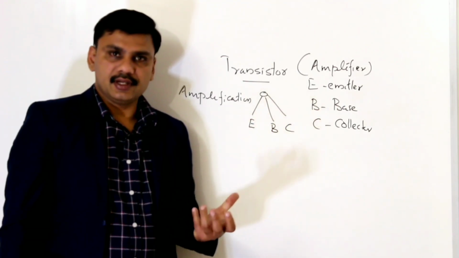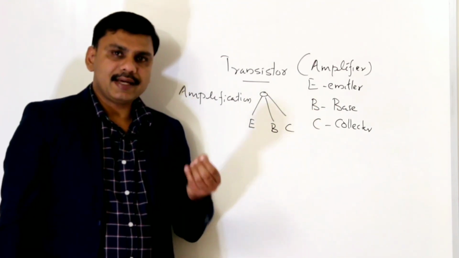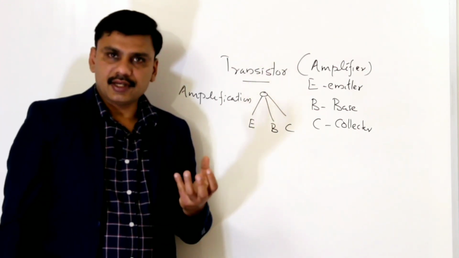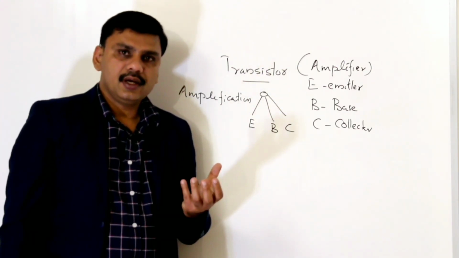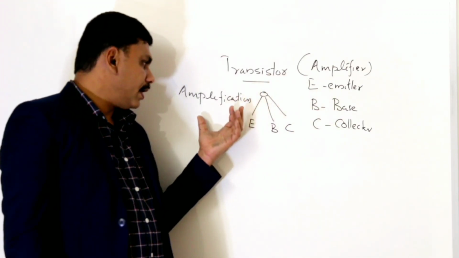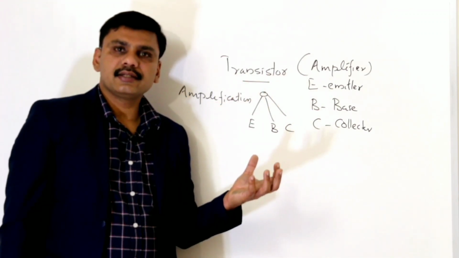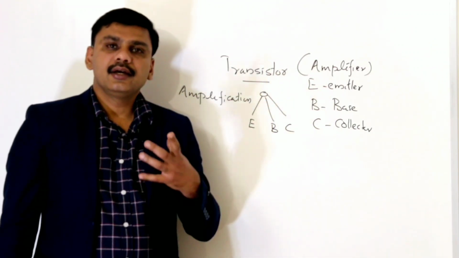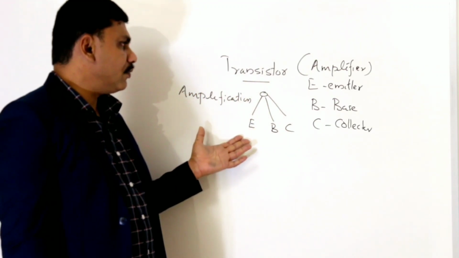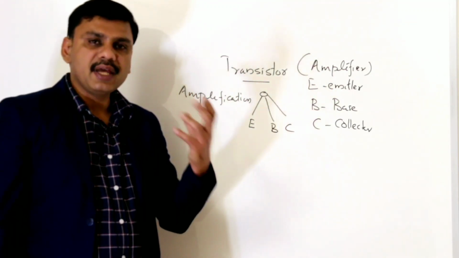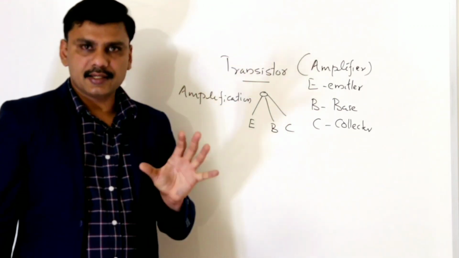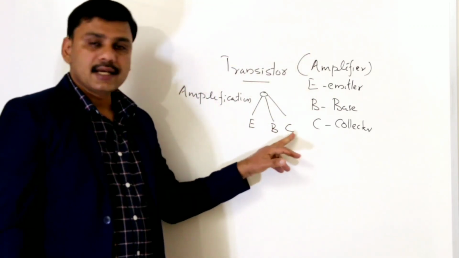For example, if my sound is a very faint sound, you can make it a loud sound. So a weak signal is strengthened by using an amplifier. So in an amplifier circuit, the main component is the transistor.